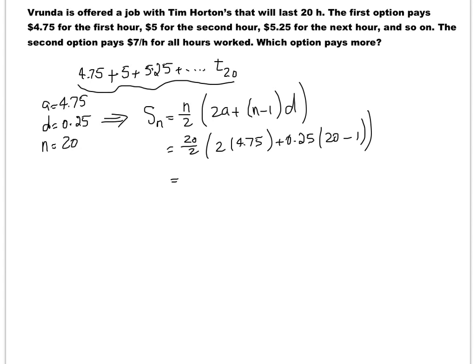If you use your calculator and you find this one, this is going to be 142.5. The next option is that if she gets $7 an hour, in this case she gets 20 times 7, which is $140. And if you compare these, it is obvious that the first option is better because it pays $2.50 more than the second option.